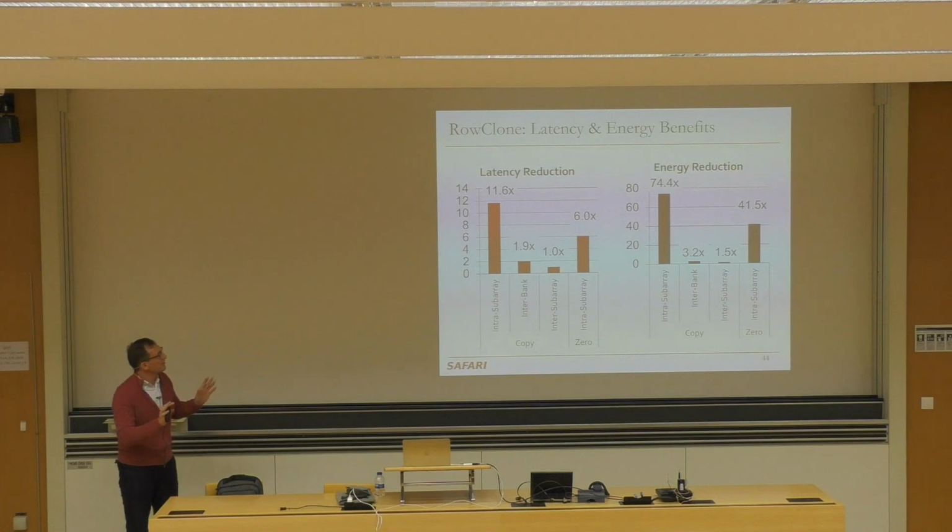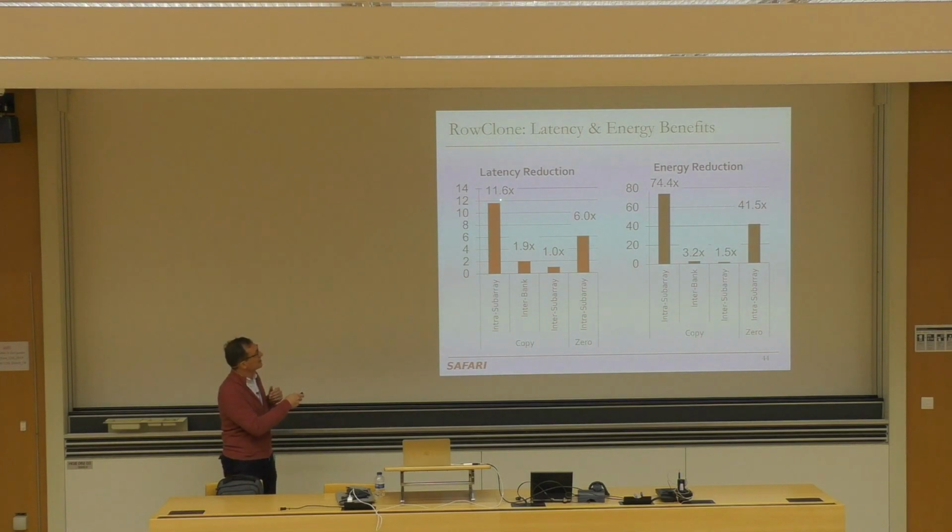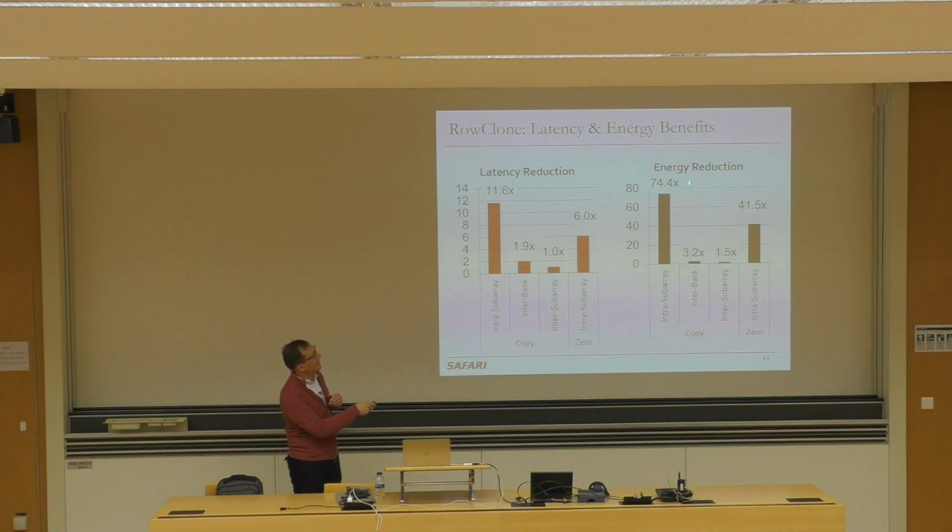Okay, so this is a summary of at least the raw results in terms of copying and zeroing in the paper. Relative latency reduction: intra-subarray is very significant. Interbank is not terrible. It's almost 2x. Inter-subarray, you don't get latency benefit. And zeroing, you get significant latency reduction. And copy, in terms of energy reduction, you get very significant energy reduction in DRAM energy for intra-subarray.